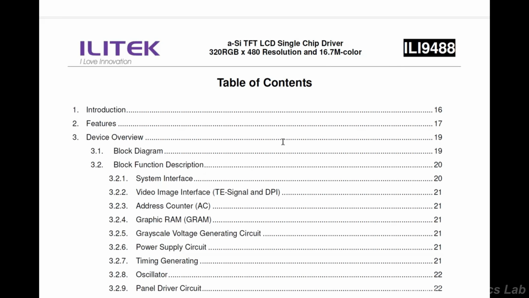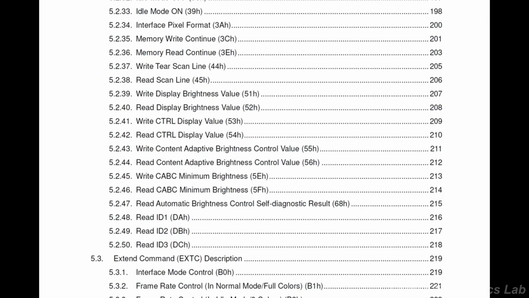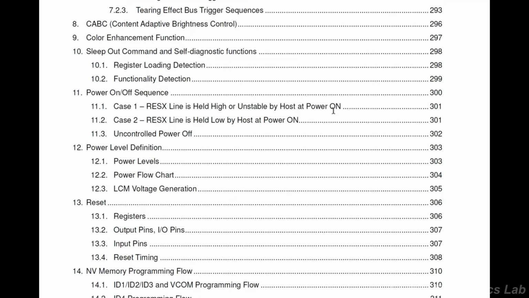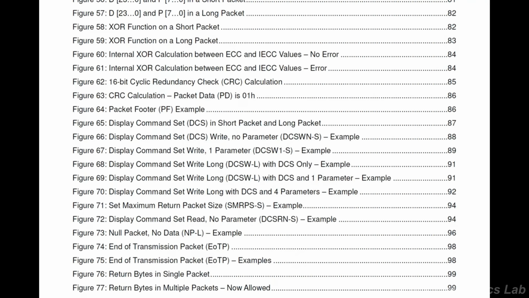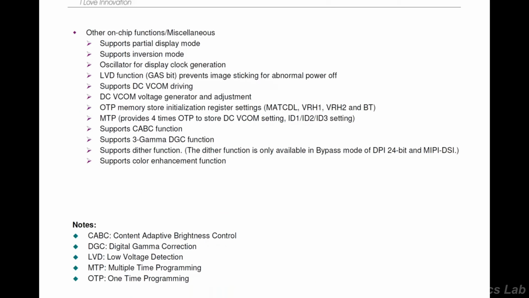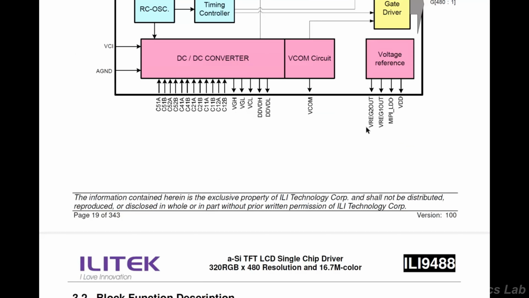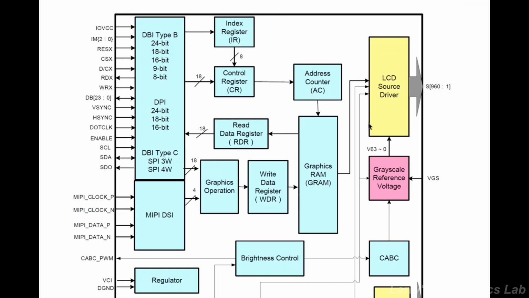All right, so the table of contents, this is a pretty big data sheet. It has all kinds of different stuff, and we're going to go through most of it. The main thing is, once we have this set up, we're only going to be doing 16-bit. That is called an RGB 565. And this is a block diagram.